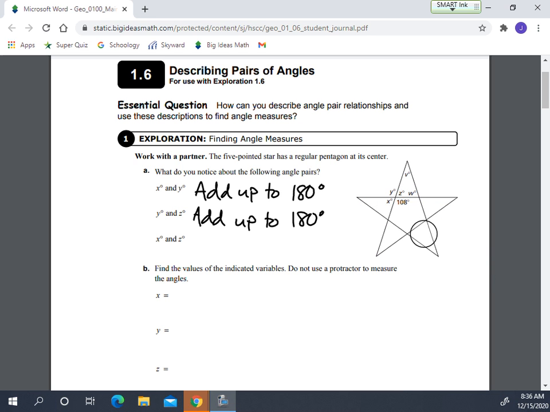And lastly, x and z. Let's look at these measures. We have x and we have z. Just come up with something in your head. Those two angles, what do they look like to you?